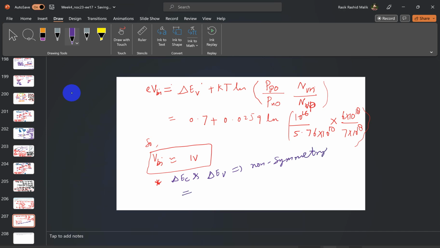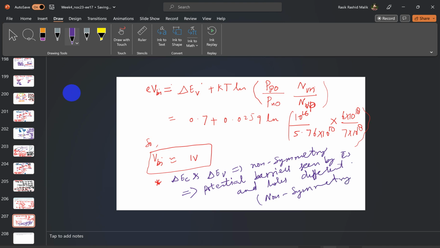Due to this, the potential barriers seen by electrons and holes are different.